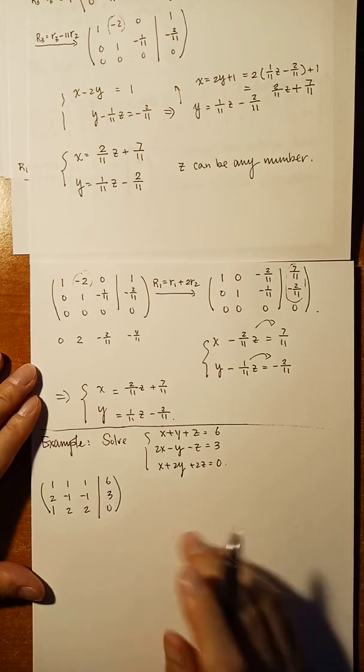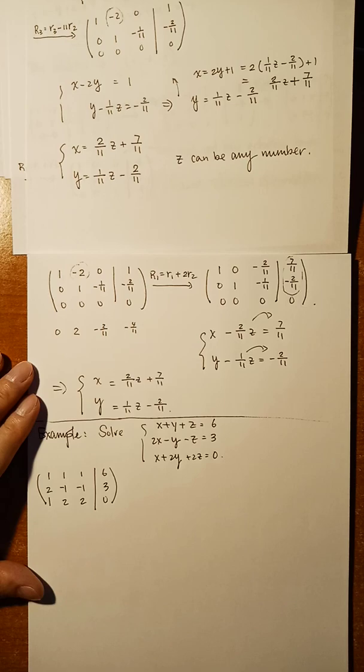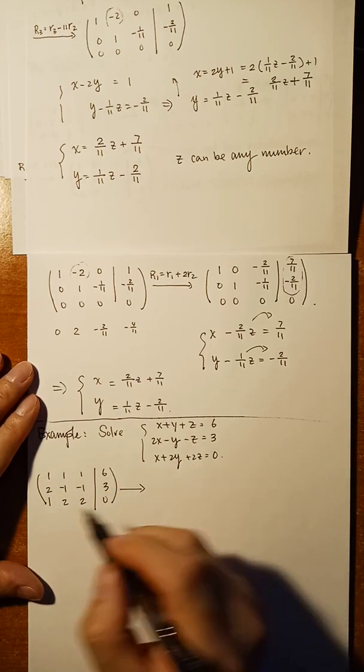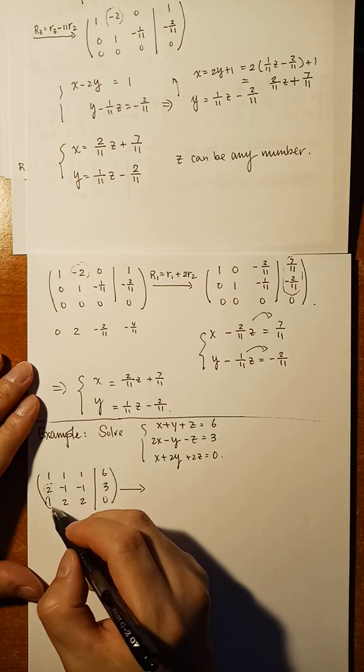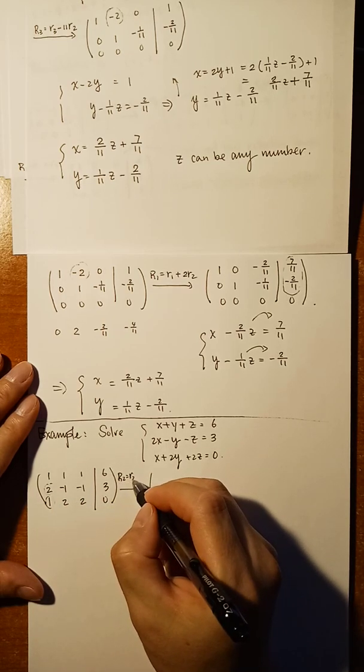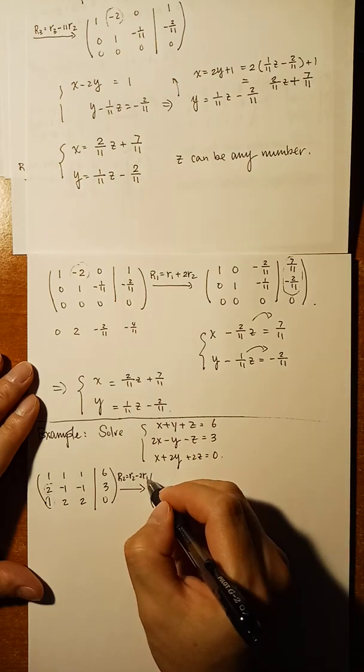This is the augmented matrix. Okay, so here's already 1. I'm going to make this position 0, this position 0. So new R2 is original R2 minus twice of R1.